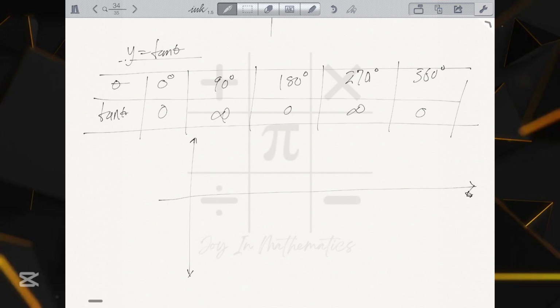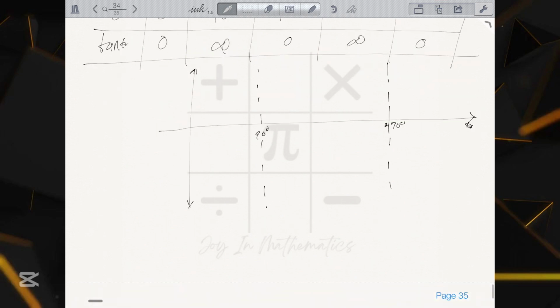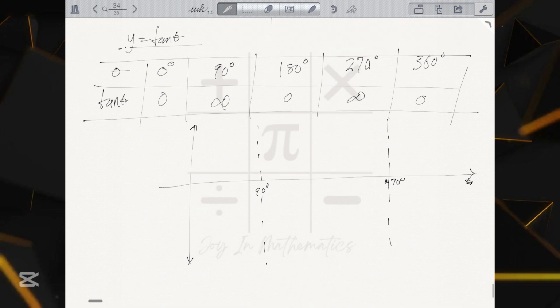So tan theta has infinite values of y at 90 degrees, infinite values of y also at 270 degrees. However, it has values of zero at 0 degrees, values of zero at 180 degrees, and values of zero at 360 degrees.